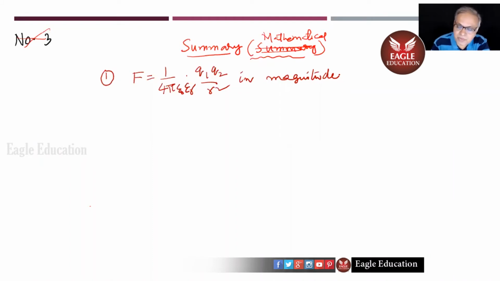Right, this is magnitude form. But in vector form, could you tell me how should I write? I should consider the signs of charges. 1 by 4 pi epsilon 0 epsilon r, q1 q2, where the charges carry plus or minus signs, into r cap by mod r square.